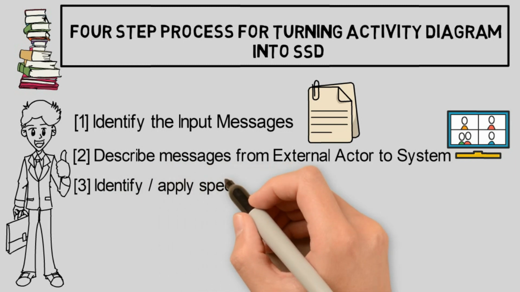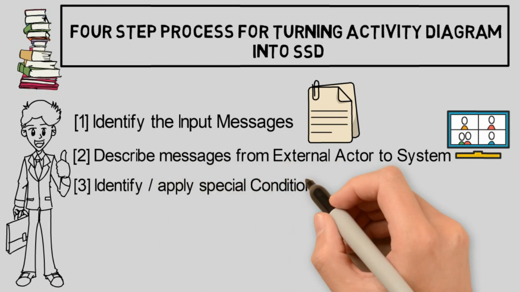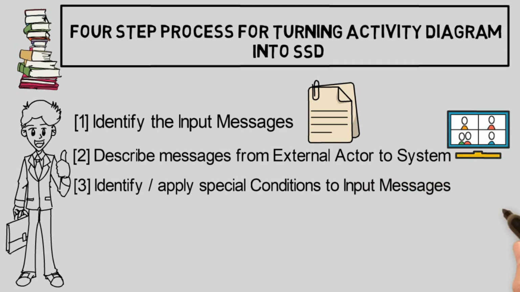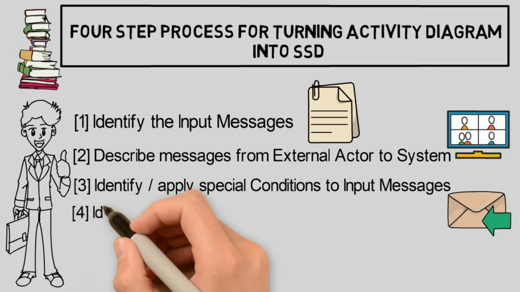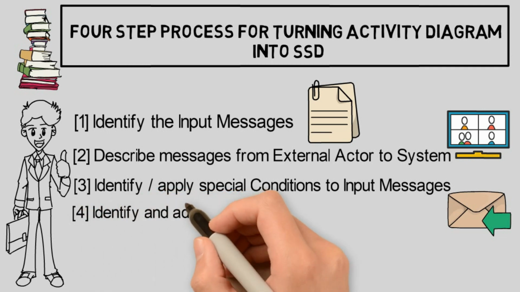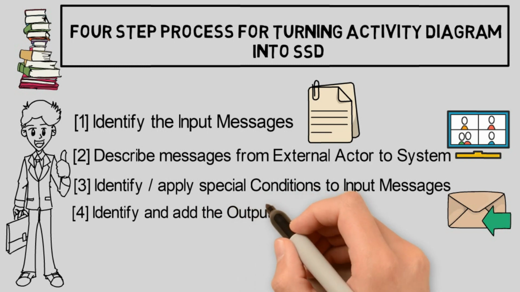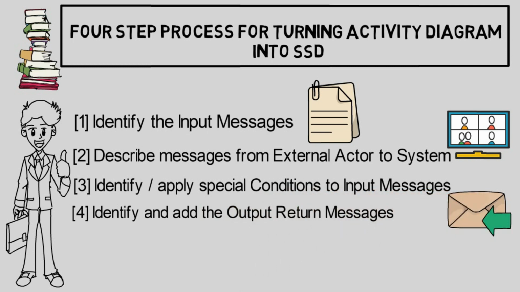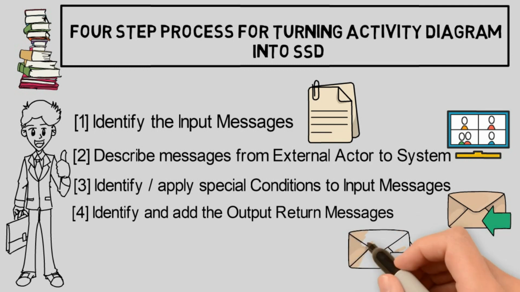Third, identify and apply a special condition to input messages, such as an iteration or loop frame or an alt frame. Fourth, identify and add the output return messages as explicit returns on a separate dashed line.